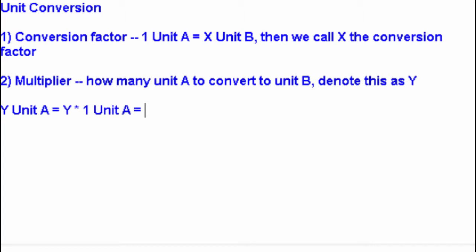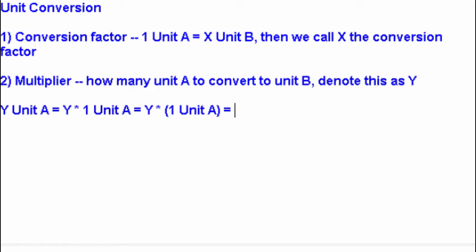For example, if I want to convert 5 inches, essentially I want to convert 5 times 1 inch, because that's essentially what 5 inches is, right?